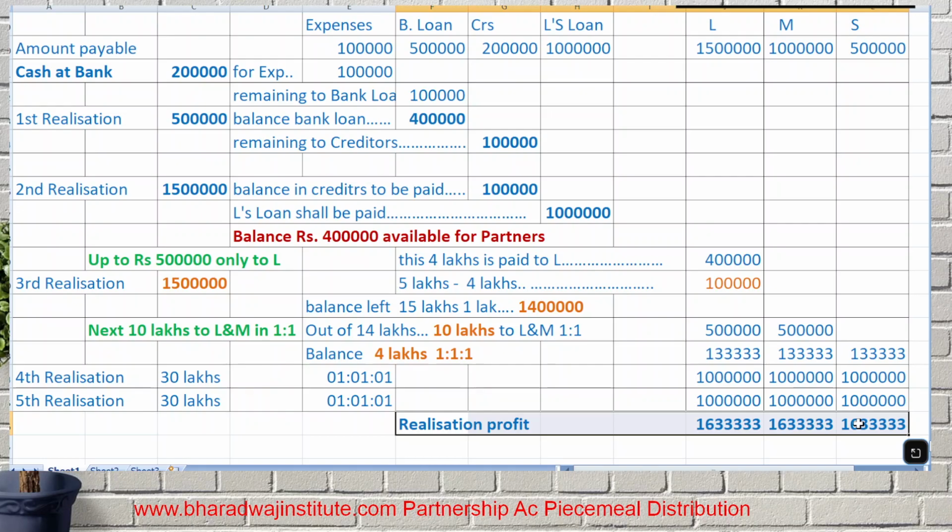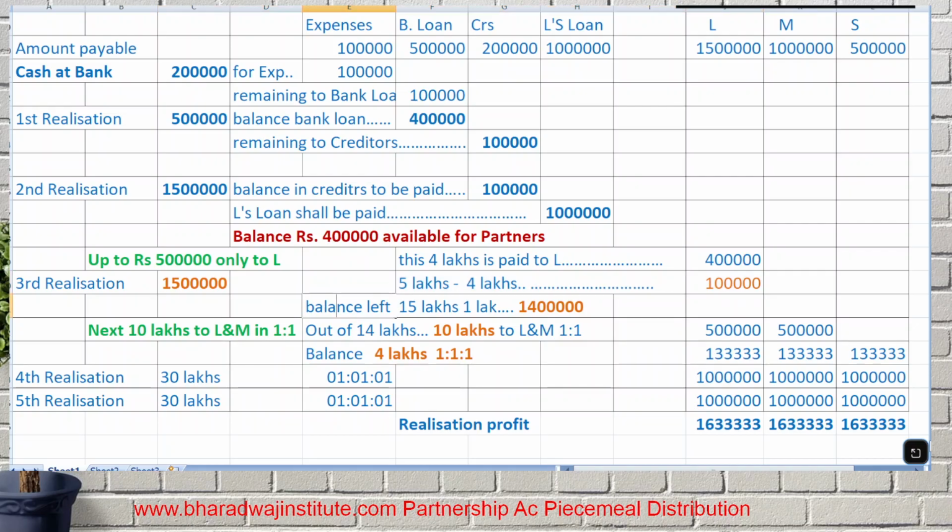So decide the order of payment. First 5 lakhs can be paid only to whom? First 5 lakhs can be paid only to L. So 4 lakhs we pay to L. 1 more lakh we pay to L only. Of the 15 lakhs, first 1 lakh is paid to L only. The balance is 14 lakhs.